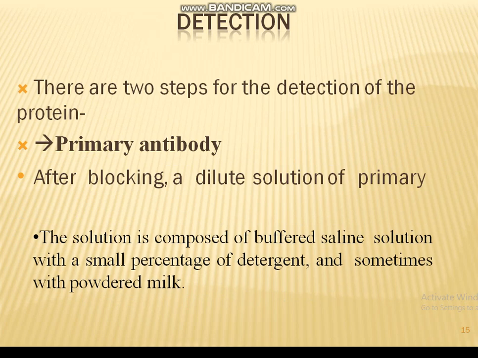Now, the next step is detection. There are two steps for the detection of protein. First is the primary antibody, and the second is the secondary antibody. After blocking, a dilute solution of primary antibody is added. The solution is composed of buffered saline solution with a small percentage of detergent and sometimes powdered milk.